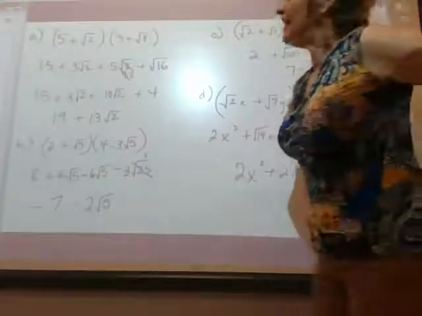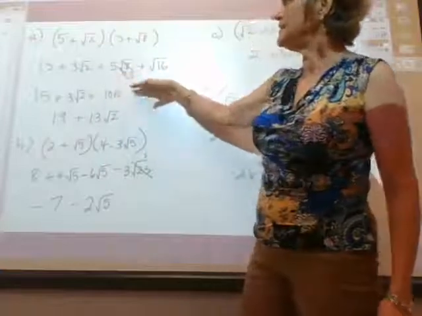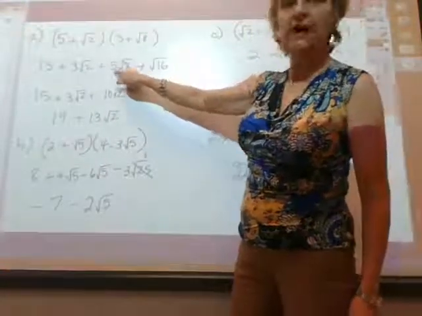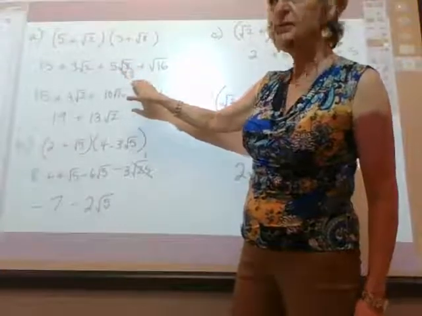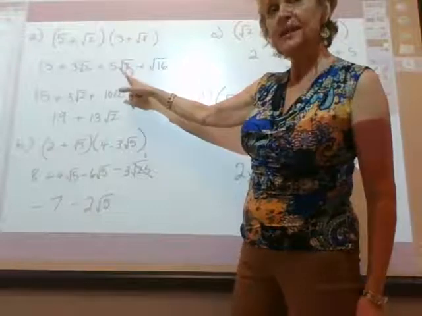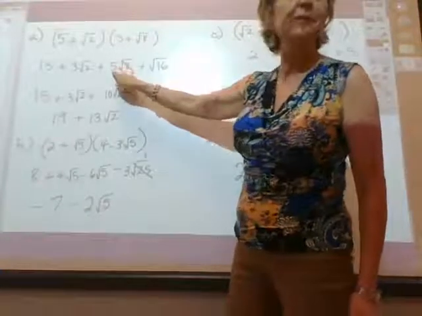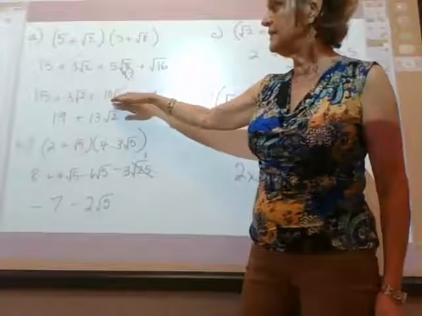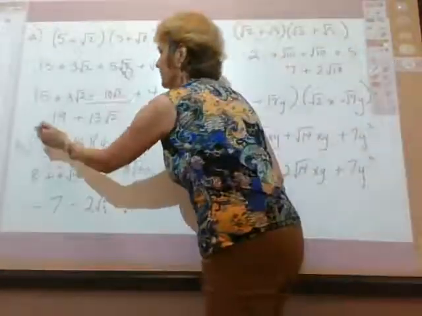So for A, when I did my FOIL, I got these. Now radical 16 is 4. And with my 5 radical 8, I simplified 8 to 4 by 2. The radical 2 radical 4 is 2 that comes out multiplied by the 5. So 10 radical 2. So these are like, okay, and 15 and 4 gives me 19.